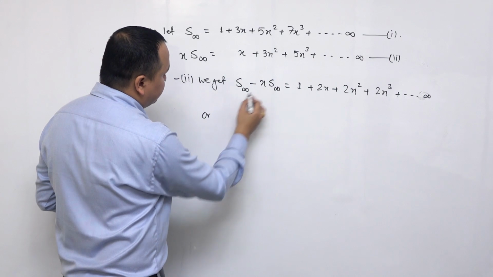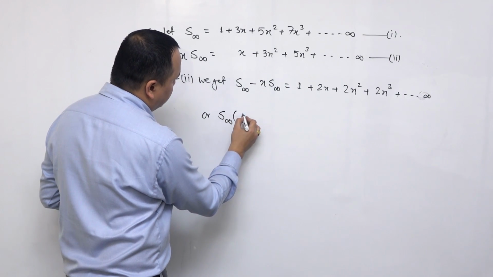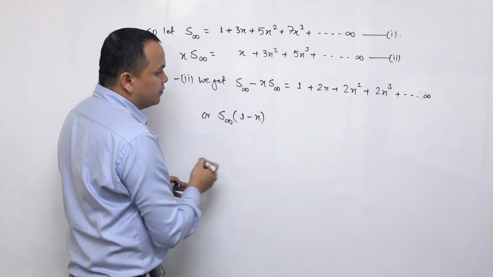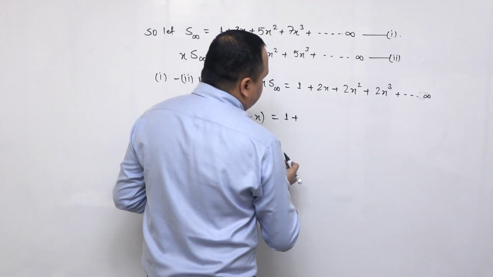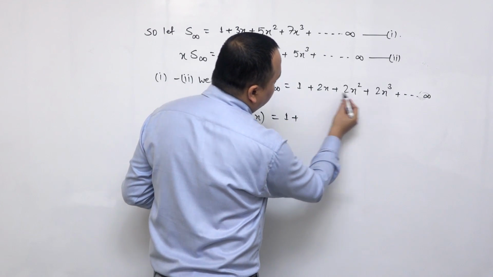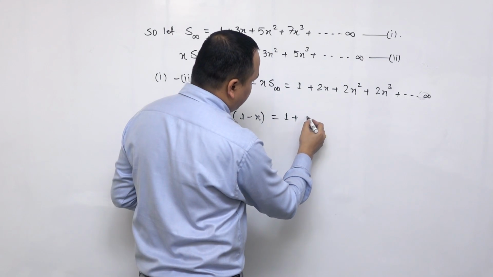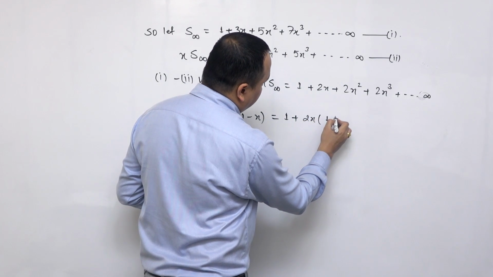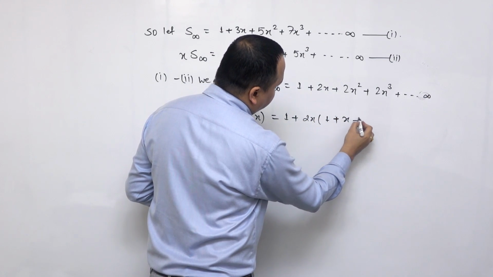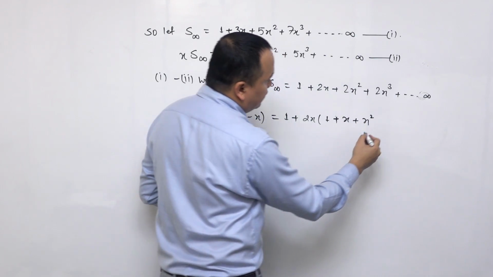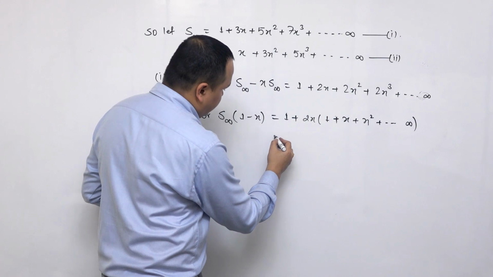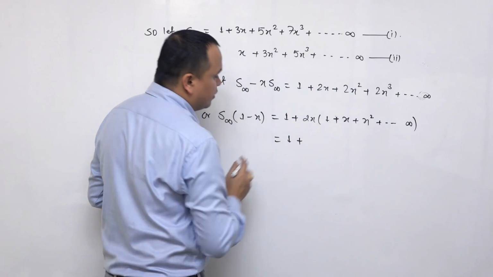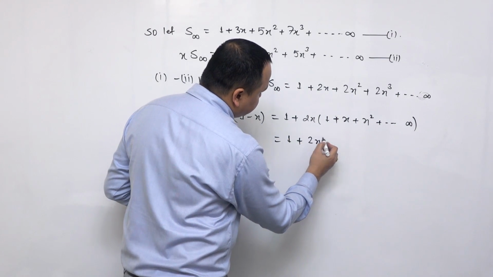Here S infinity is common, 1 minus x is equal to 1. Here 2x is common, then 1 plus x plus x square plus dot dot dot to infinity.